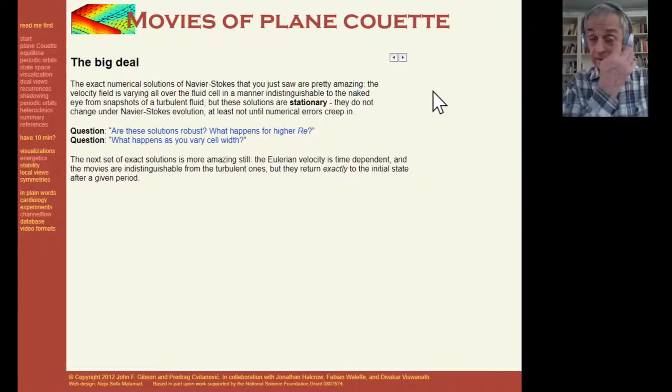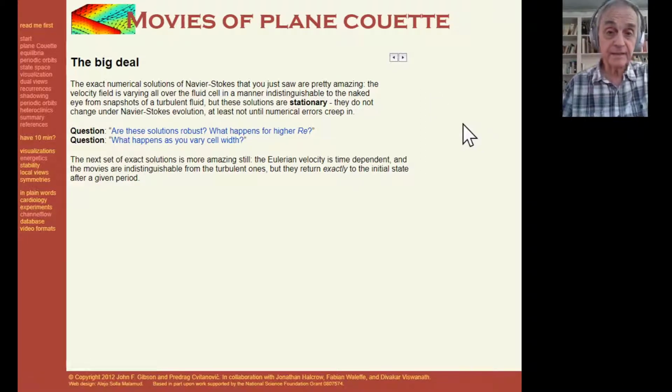Now I have to tell you that in this calculation, our numerical accuracy can be 1 part in 10 to the 11. Meaning you have a liter of the fluid, the stuff is moving with velocity of order 1, but the error on the velocity field is 10 to the minus 11. So these things can be solved ridiculously well.